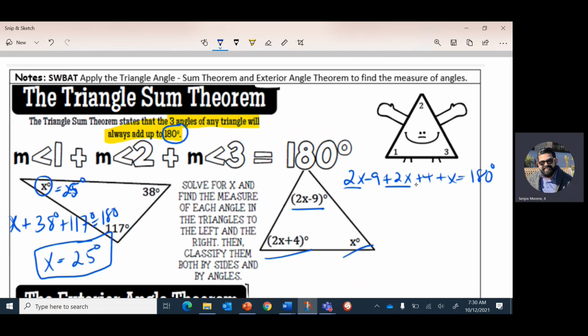All right, so we have 2x's, 4x's, we have 5x's. We have negative 9 plus 4, so that is minus 5, equals 180. A little bit of algebra comes into play here. And we get 5x equals 185. Last step.